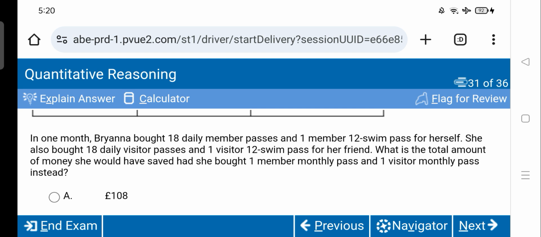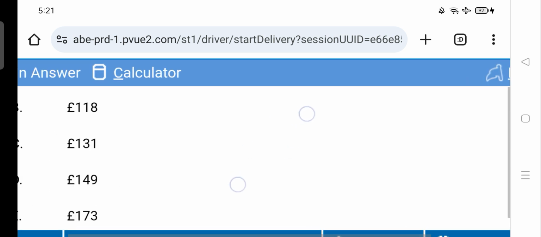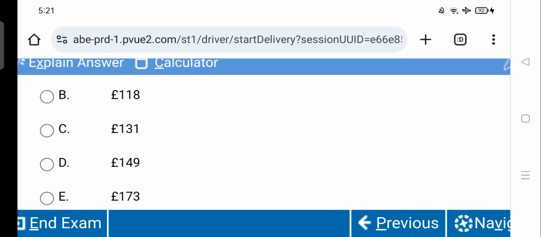What is the total amount of money she would have saved had she bought 1 member monthly pass and 1 visitor monthly pass instead? Option A 108 pounds, option B 118 pounds, option C 131 pounds, option D 149 pounds, option E 173 pounds.